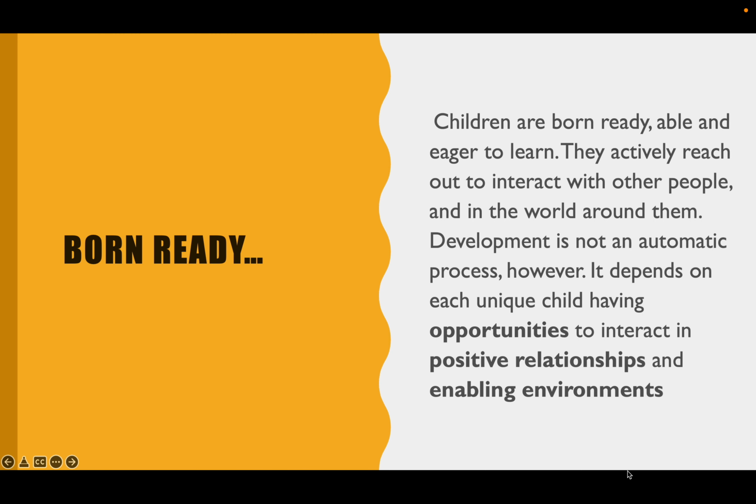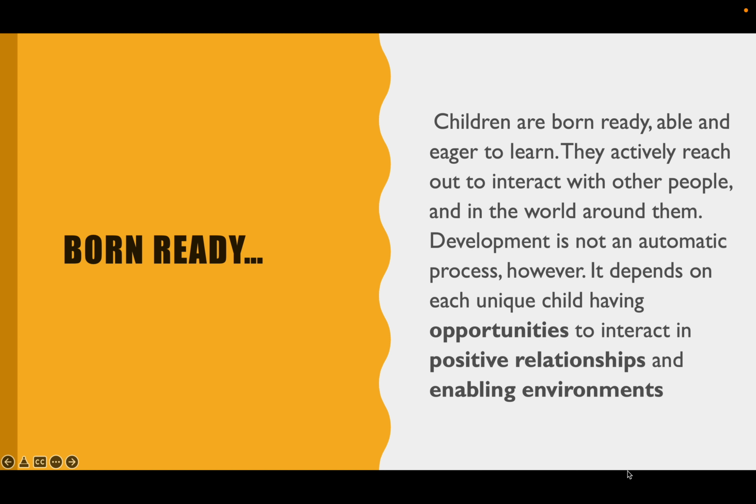The EYFS says that children are in fact born ready. They're ready, able and eager to learn. The EYFS says that children actively reach out to other people in the world around them. Development is not something that's an automatic process, however.